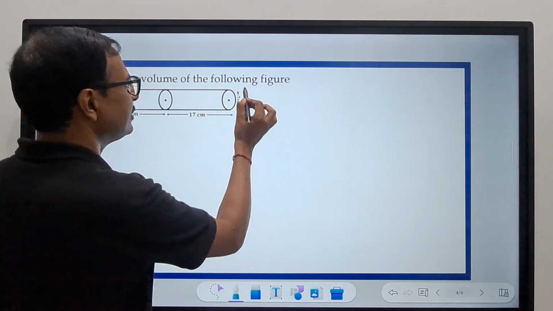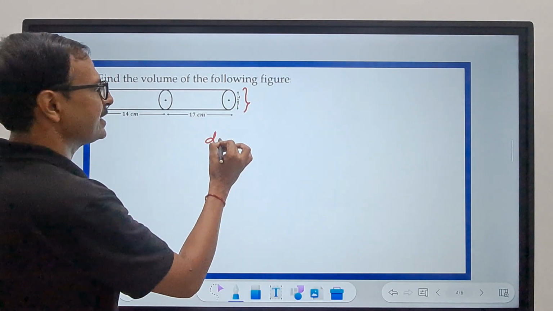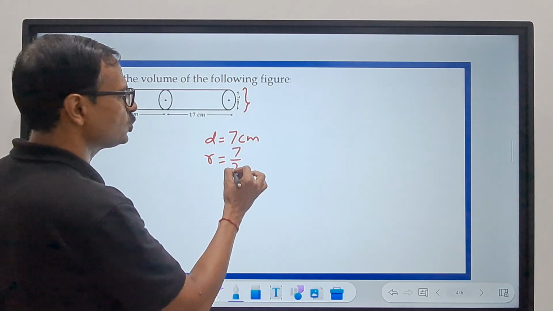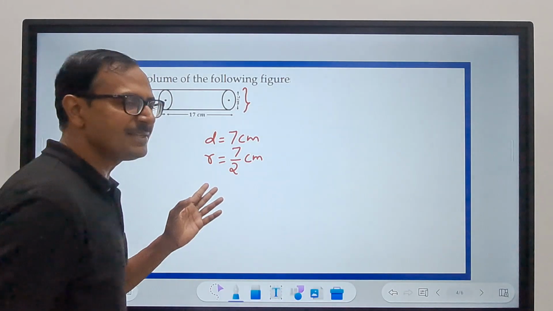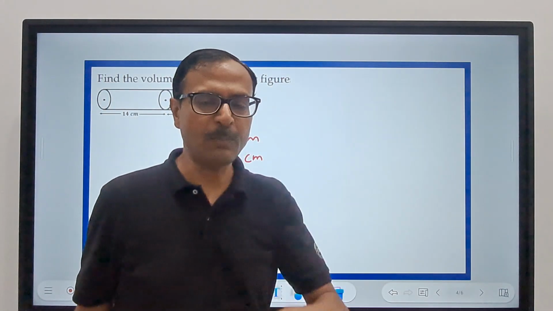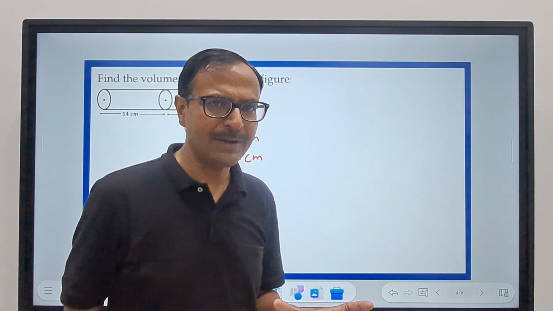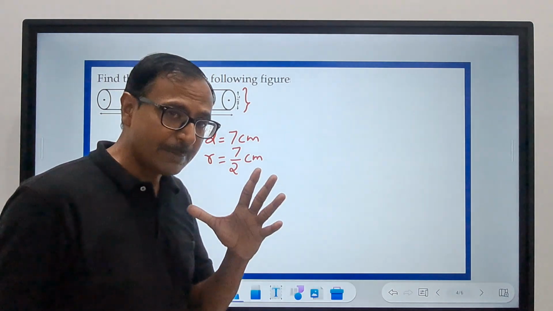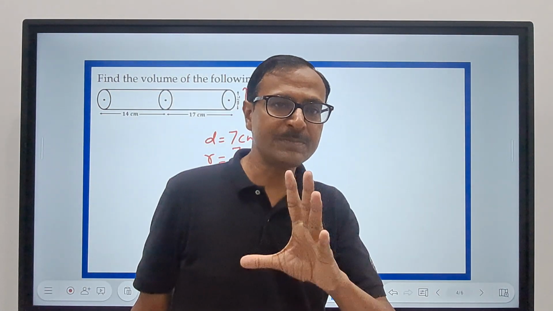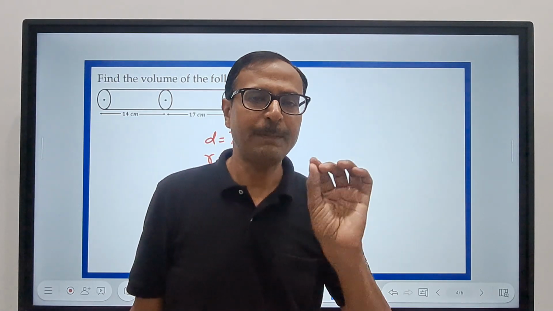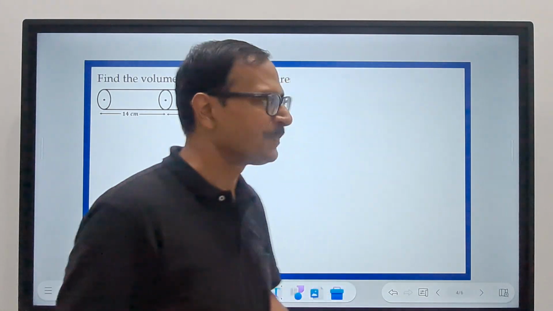And the diameter here is given as 7 centimeters, and so the radius is 7 by 2 centimeters. There's a reason why I write 7 by 2 and not 3.5, because decimals are a little bit difficult to handle as compared to fractions, and there might be a chance that some of the terms in the numerator and denominator will get cancelled. That is why I prefer to use fractions.